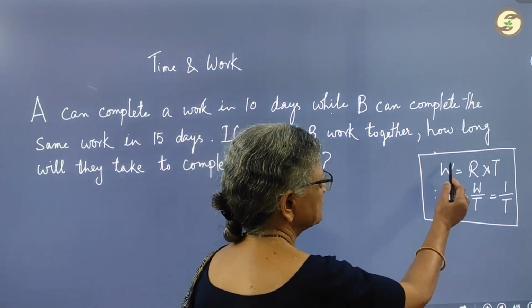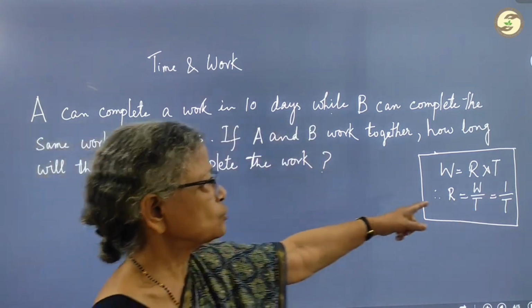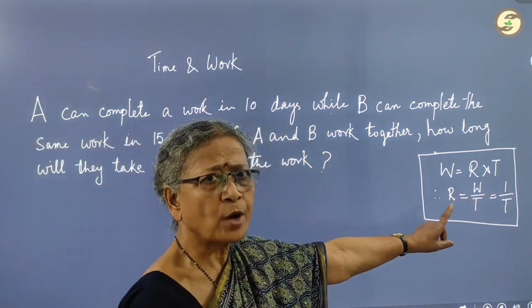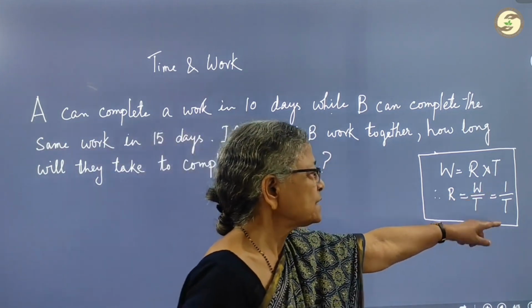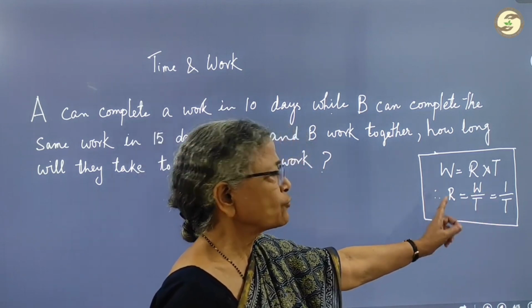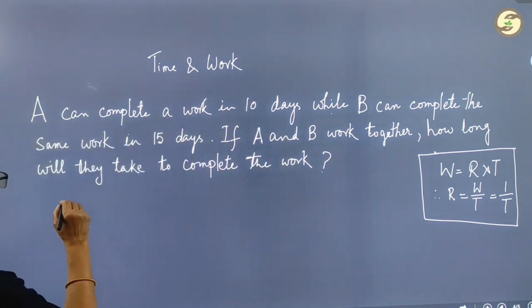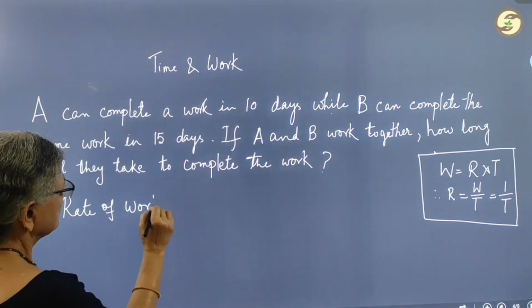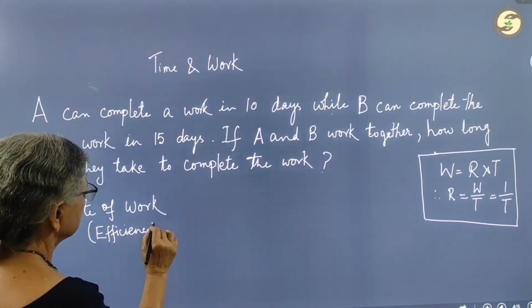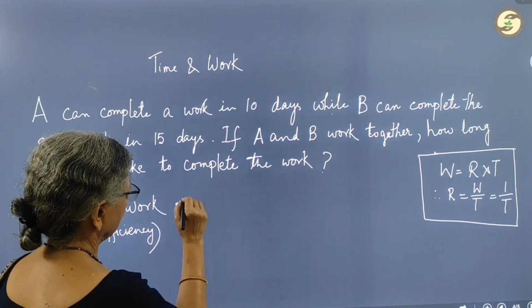The total work done divided by the time taken by A, and total work done we know is always 1 unit. So, 1 by total time. So, what is the rate of work of A or efficiency of A?